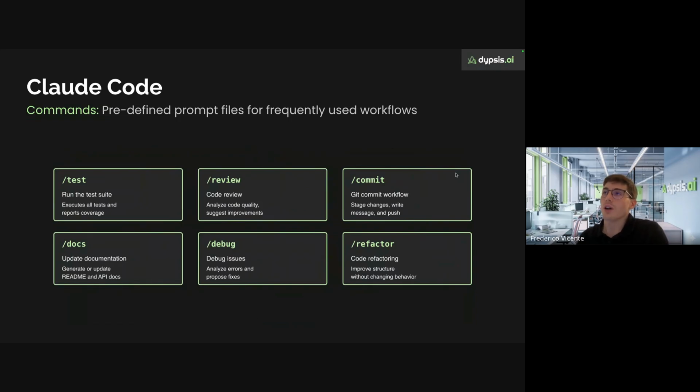In a specific folder, you can put a prompt which describes how you'd like documentation to be created every time you develop a feature. And then in the terminal, you just have to write /docs, if you name it docs, and the agent starts creating documentation for you. So this is a way not to repeat yourself and to have predefined files to execute commands on the fly.